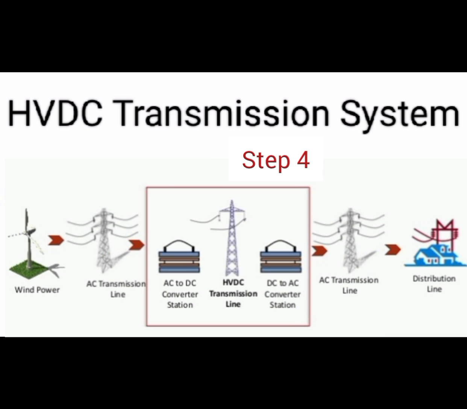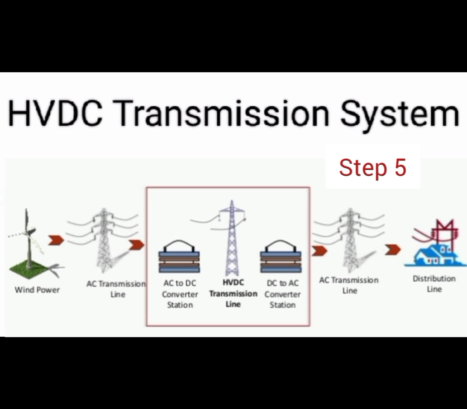Step 4. Receiving station. The plus or minus 300 kV DC is received at another HVDC converter station. The station converts the DC power back to AC, for example 150 kV, using another thyristor-based converter.